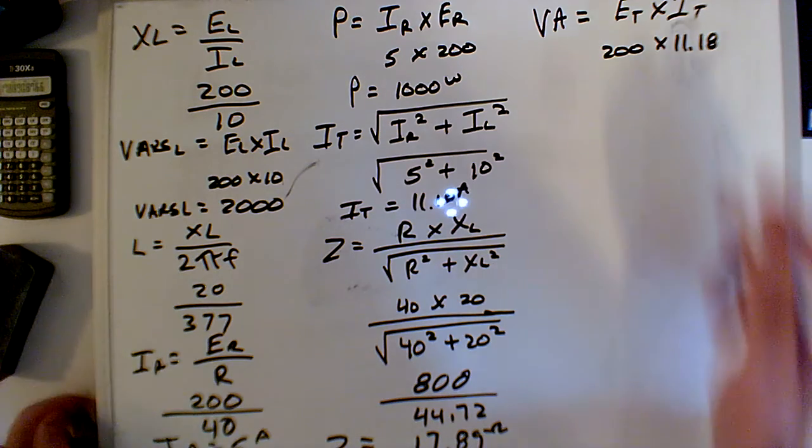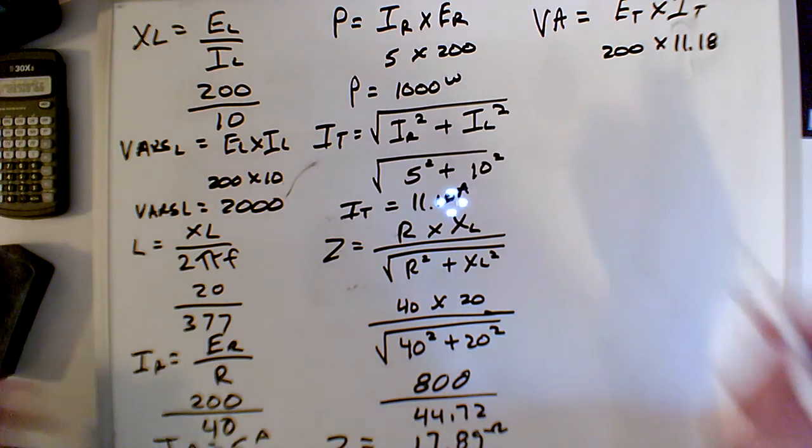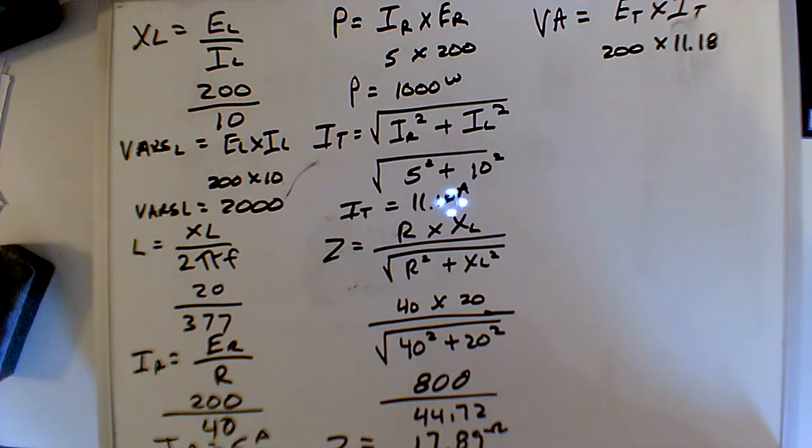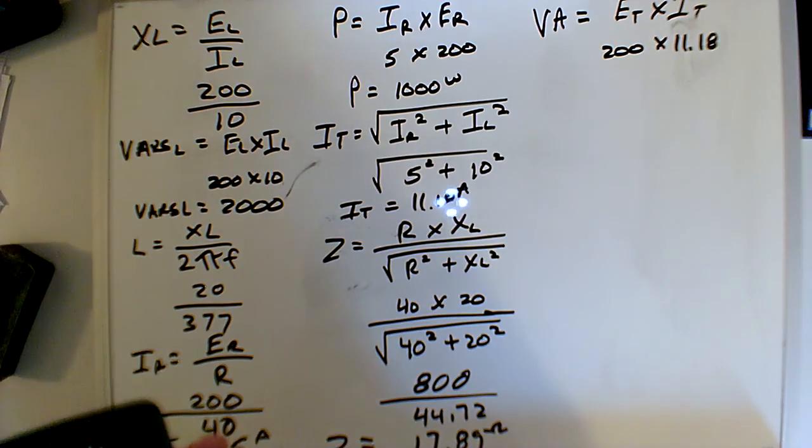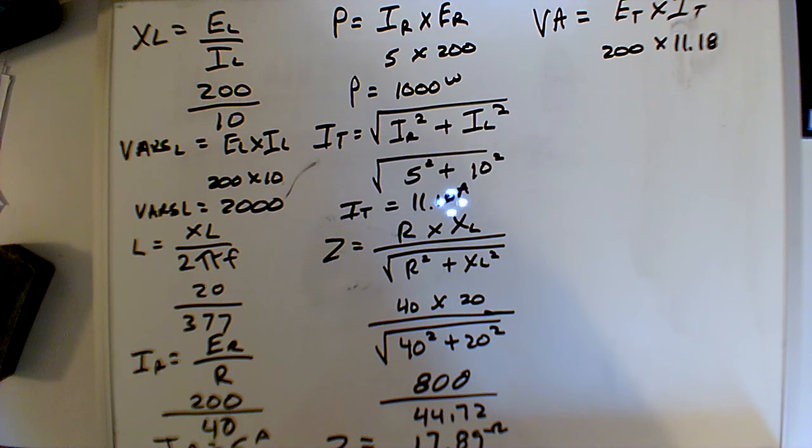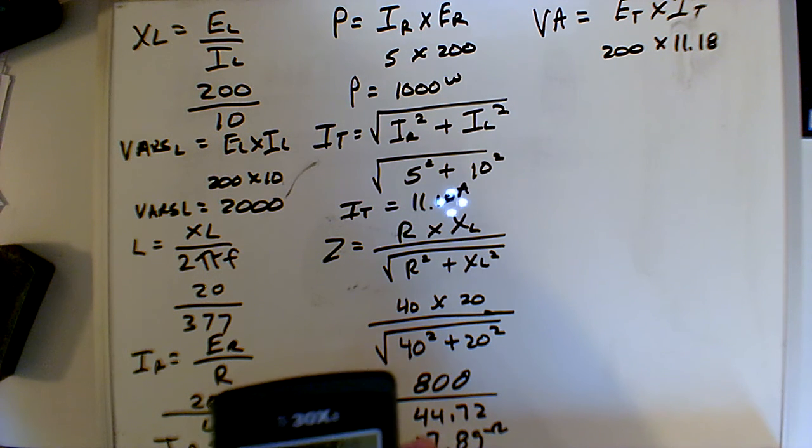So I get my calculator out. 200 divided by 11.18 equals, wait a minute, I've done something wrong, because I divided, I didn't multiply.